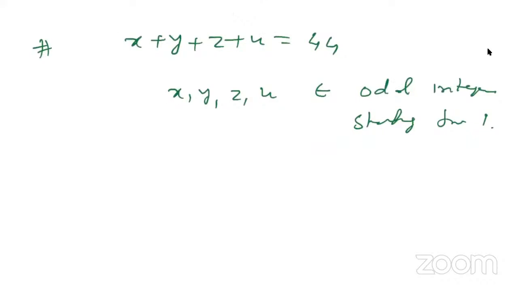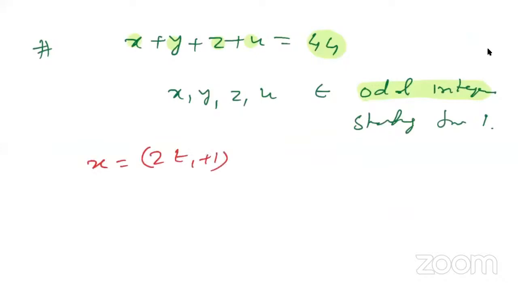In the same way, I'm giving x, y, z, and u is 44, where x, y, z, and u are odd integers, right? So start with this. Obviously, for odd integers, we know that x I can take as 2t1 plus 1, similarly y as 2t2 plus 1, and similarly z and u.